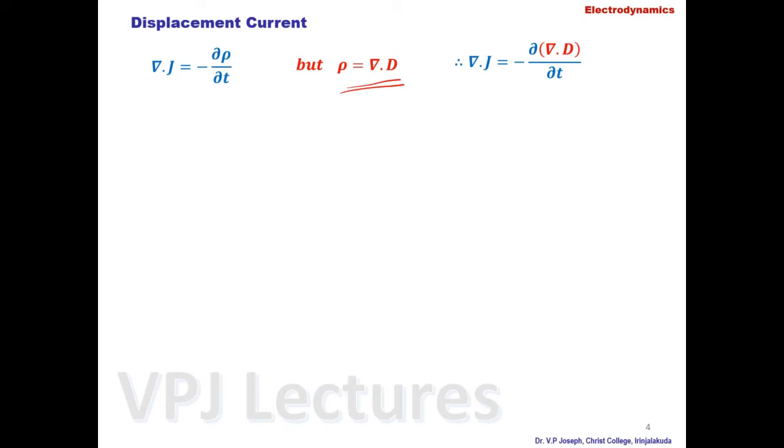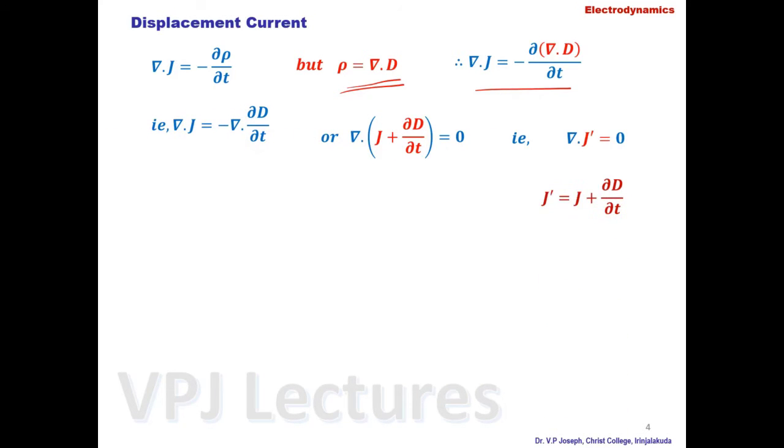Okay, so substituting this del dot D in place of rho, this equation changes to del dot J is equal to minus dou by dou t of del dot D, or del dot J is equal to minus del dot dou D by dou t. Taking this part to the left hand side, that is del dot J plus dou D by dou t is equal to 0.